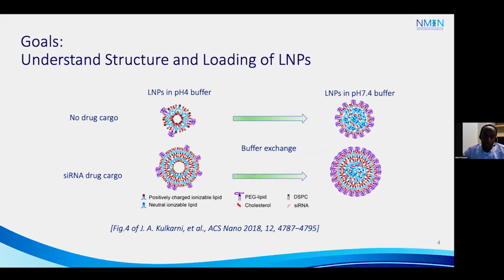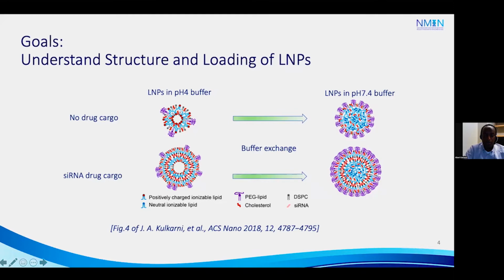And these nanoparticles are formed through a 2-step process, the first being a rapid mixing process that induces self-assembly of the nanoparticles, resulting in the bilayer structures shown here on the slide. And then the second step involves a dialysis process that changes the buffer to higher pH, and hence results in a fusion process that forms the final particle structure.